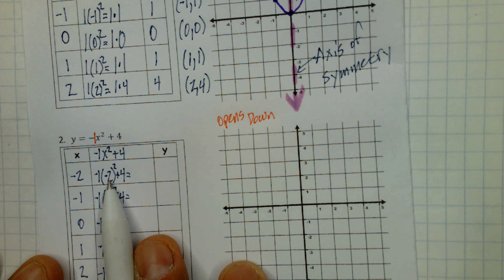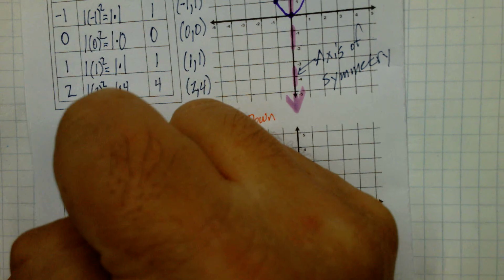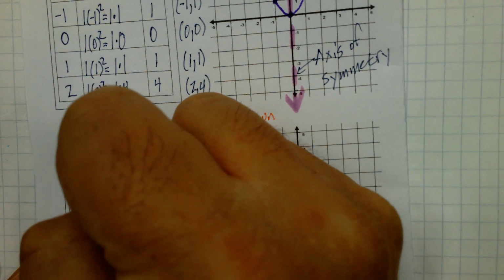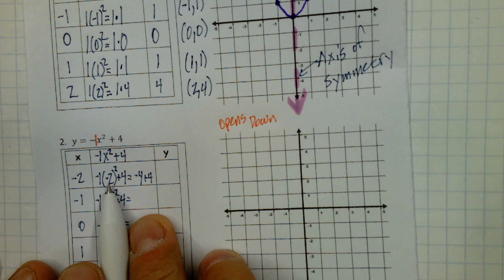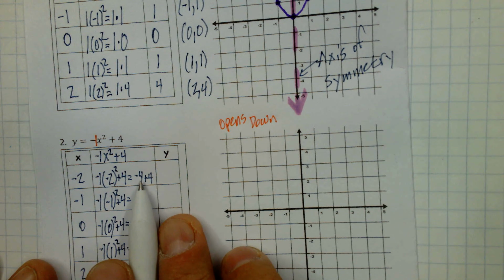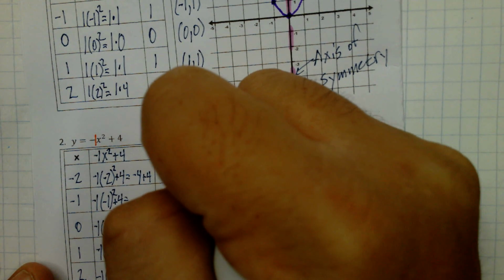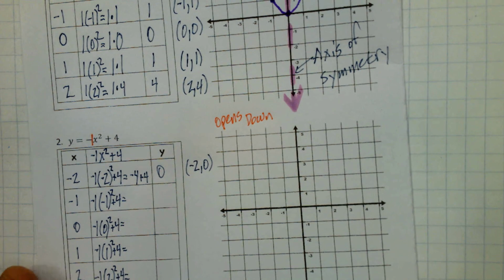So now we know that this is +4, but we have to multiply it times -1. What does that make it? -4. And then you add 4. So it's going to be 0. So this much gave us 4 times -1 is -4. And -4 plus 4 is 0. So our first ordered pair is -2, 0. Okay, yes?